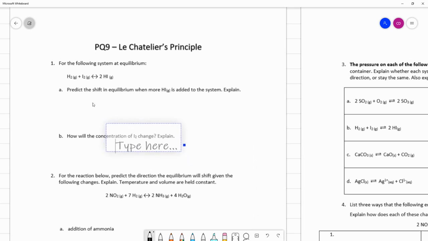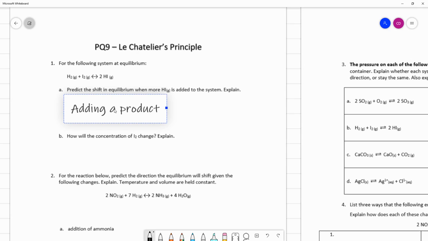So just let me get my text box in here. So adding a product. So HI is considered a product.